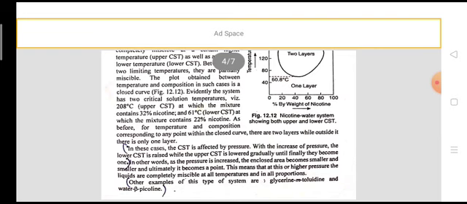Dear students, now in this class we discussed the introduction to partially miscible liquids and the definition of critical solution temperature and the types of critical solution temperature, and also we discussed the upper critical solution temperature, that is the phenol water system, and the lower critical solution temperature, and both upper as well as lower critical solution temperature, that is nicotine and water system.